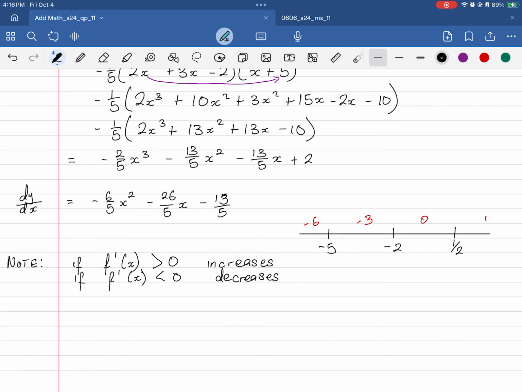So then if you are using x equals minus 6, you would have that. If you have a calculator, just plug this into your calculator. It's faster to use. You would have minus 6 over 5 times 6 squared minus 26 over 5 times minus 6 and minus 13 over 5.